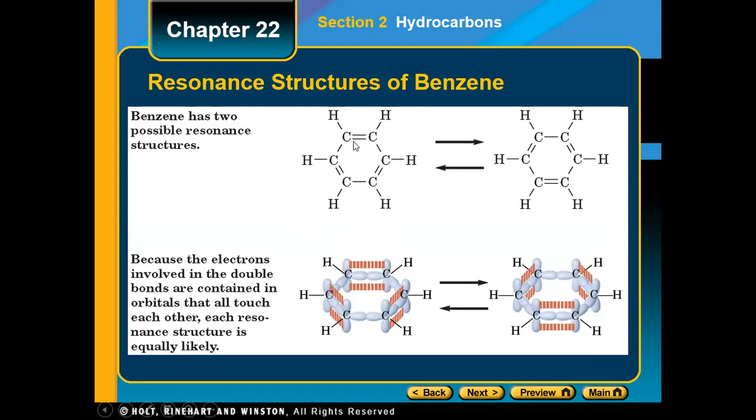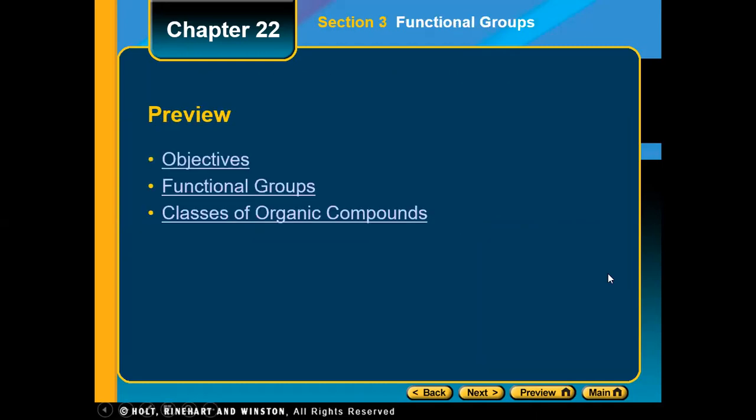So the two possible structures are these: the double bond on top, and then to the sides, single bonds, double bonds here, and then a single bond here. Or that could also be a single bond to the top and double bonds to the sides, single bonds here and a double bond here. These double bonds are going to be rotating, okay? That's why they put this circle inside.